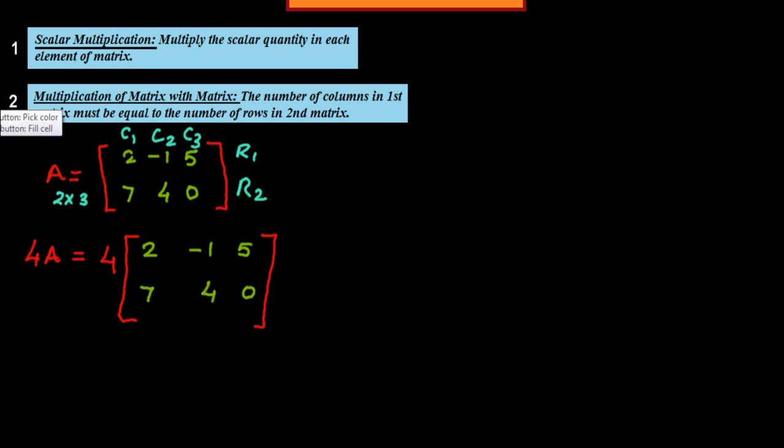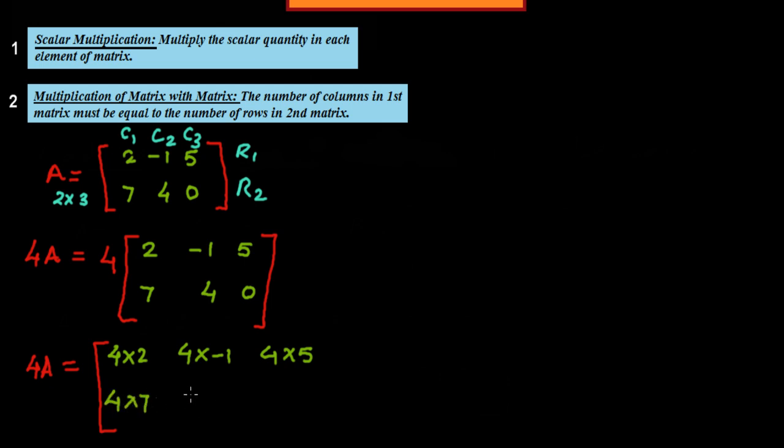So 4A is equal to 4 multiplied by 2, 4 multiplied by -1, 4 multiplied by 5, 4 multiplied by 7, 4 multiplied by 4, and 4 multiplied by 0.